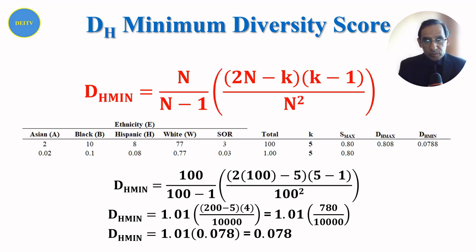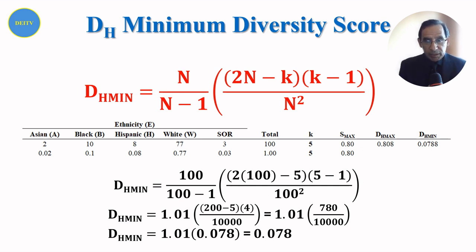So when you apply that to the data, remember there's 100 individuals in this sample. The number of ethnic groups is 5. So the first portion of the formula requires the total number of individuals divided by the total number of individuals minus 1, so that's 100 divided by 100 minus 1.